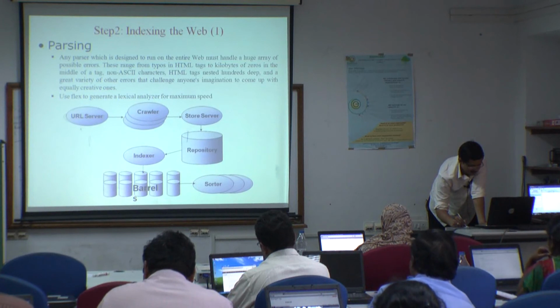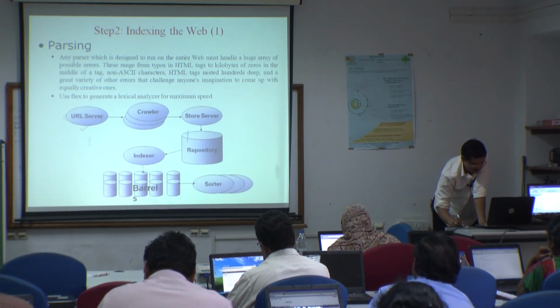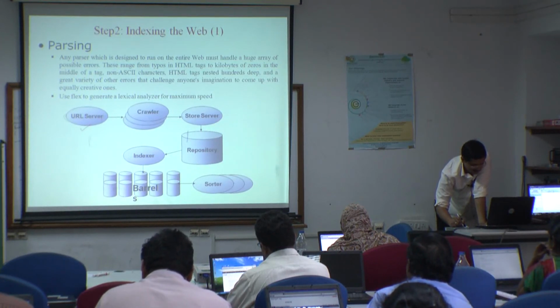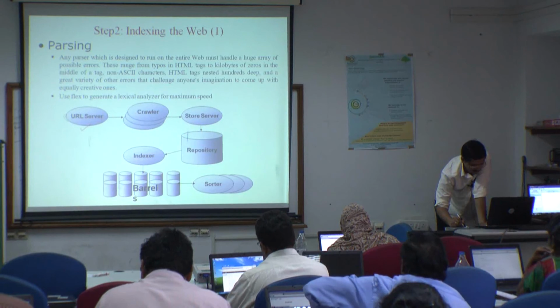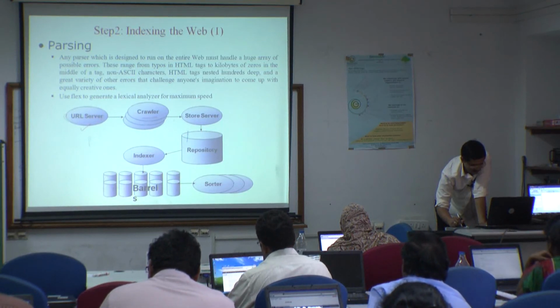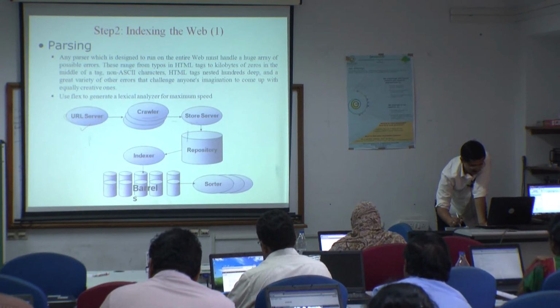First, the URL server applies the crawling and then stores the result to a store server.